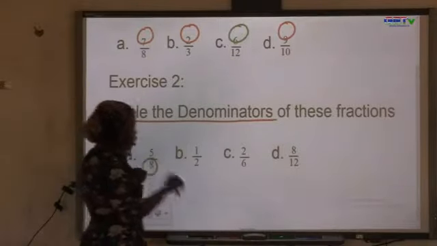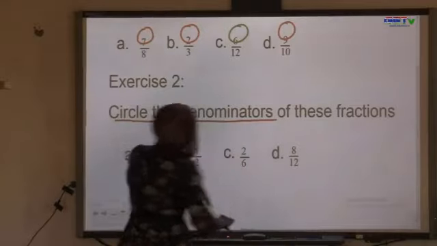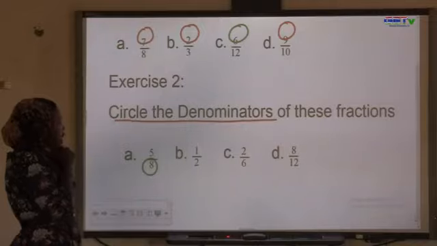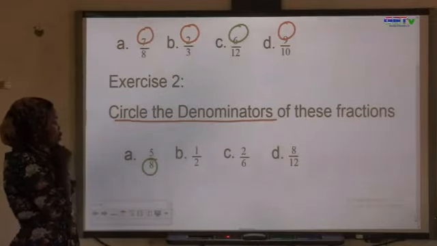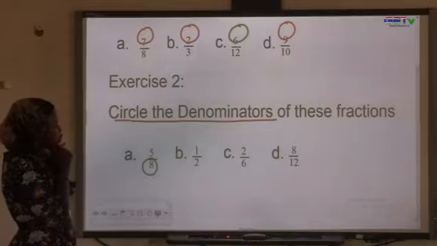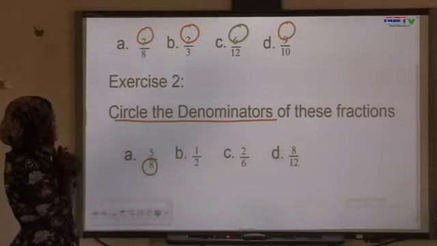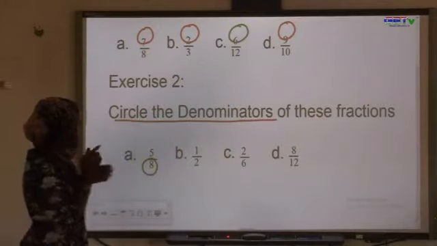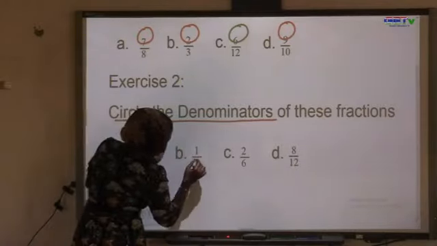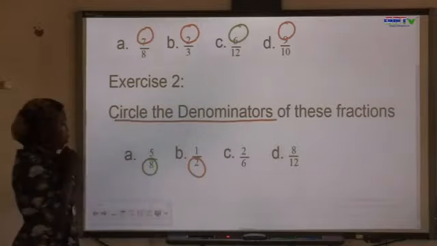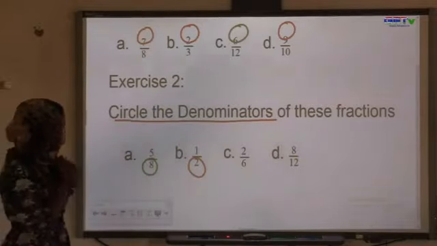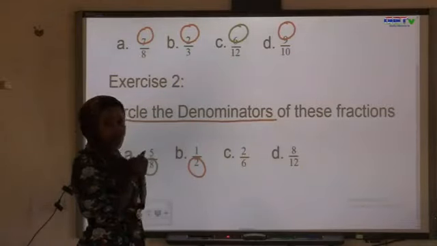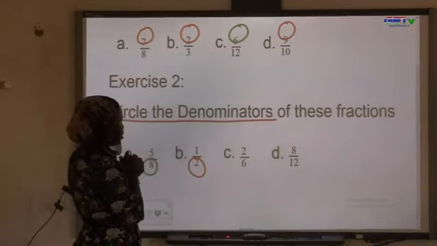B, we have 1 over 2. Which number is below the fraction bar? The number below the fraction bar is number 2. So 2 is the denominator for B. We move on to C. C is 2 over 6.